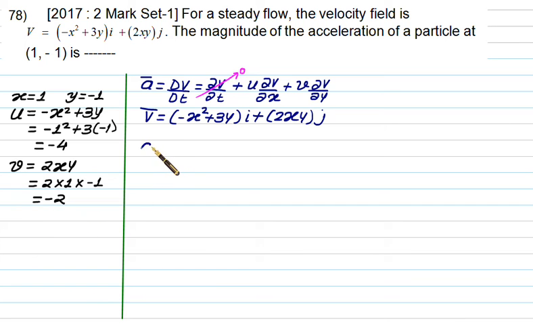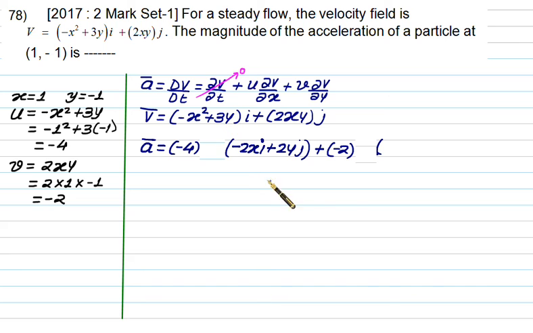Acceleration vector a bar equals u, which is a constant here, so we'll put directly minus 4 into del v by del x of the v component. The derivative of this term will be minus 2x times i, and the derivative of 2xy with respect to x is 2y j, plus we have the v component, which is minus 2, and we take the partial derivative of v bar with respect to y.